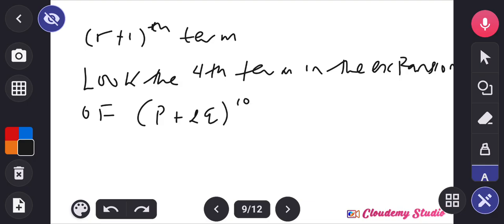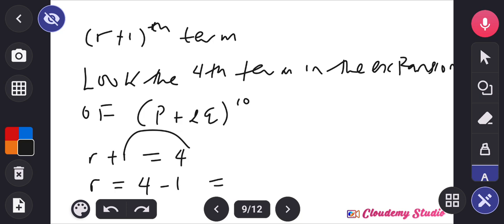So what you have to note is that since we are looking for the 4th term, it means that r plus 1 equals to 4. That is the meaning. Now, which means what is our r? Just take this one to the back. That is r equals to 4 minus 1. And that's equals to what? R equals to 3.